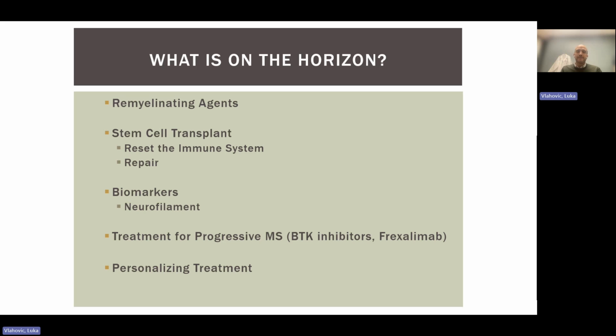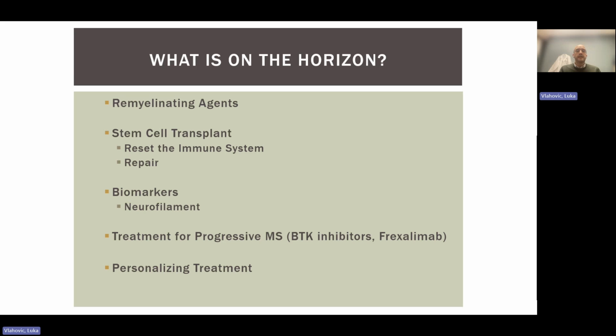In terms of stem cell transplant, there are still trials in this. It's not FDA approved yet, but over the years I would say we're getting better and better at minimizing risks, and we'll see if this can reach the level of being FDA approved or a standard of care treatment.